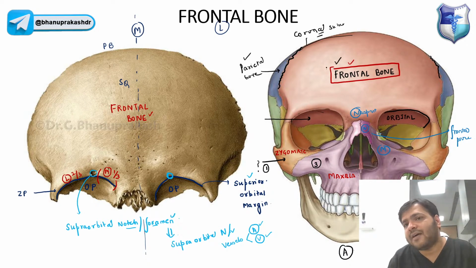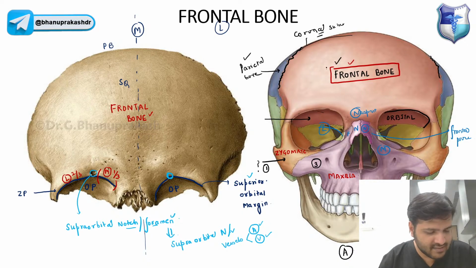And behind that, we have the lacrimal bone. This is something you already know, guys. We have already discussed it in norma frontalis, so you have to mention it over here as well.